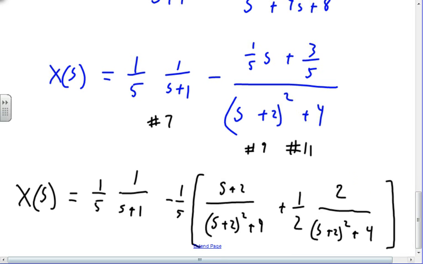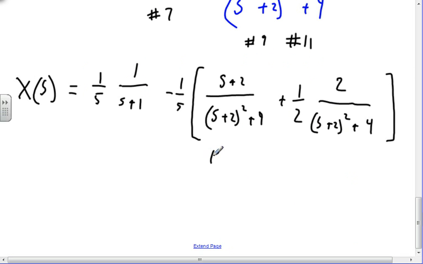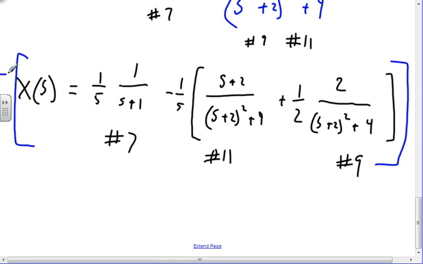And now I have the answer. This guy's coming from number 11. This guy's coming from number 9. This guy's coming from number 7. And I'm going to take the inverse Laplace transform of everything.